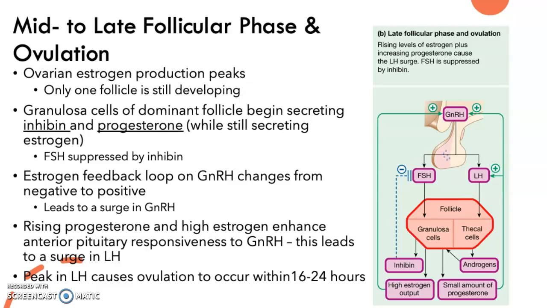And the rising progesterone and high estrogen enhance anterior pituitary responsiveness to GnRH, leading to a surge in LH, which is important because it causes the oocyte in the follicle to mature into a state where it can be released. This peak in LH will also cause ovulation to occur within 16 to 24 hours.